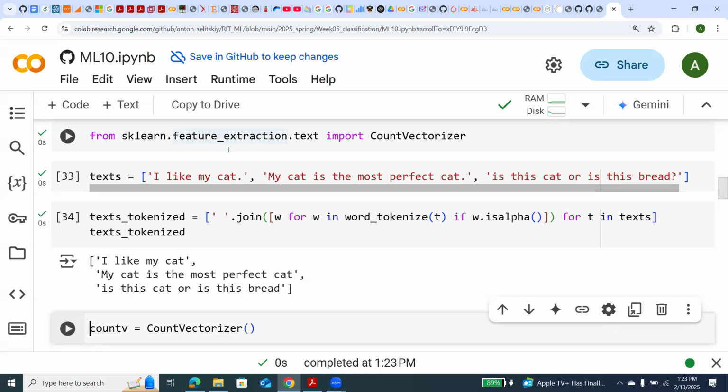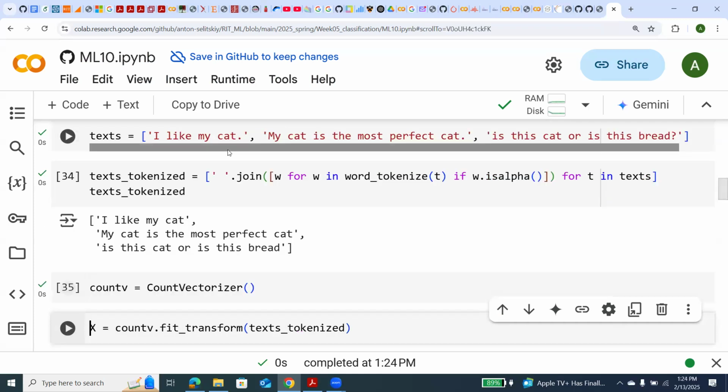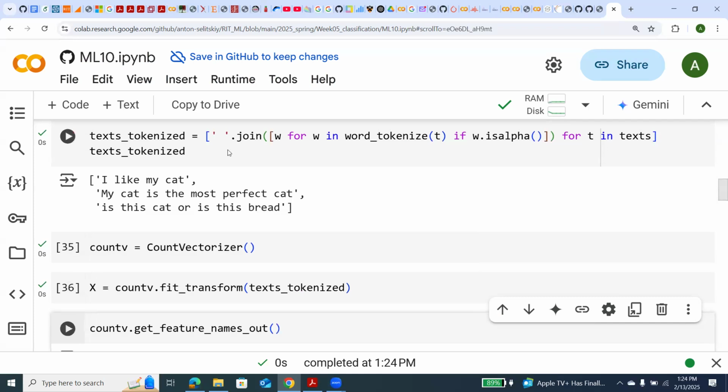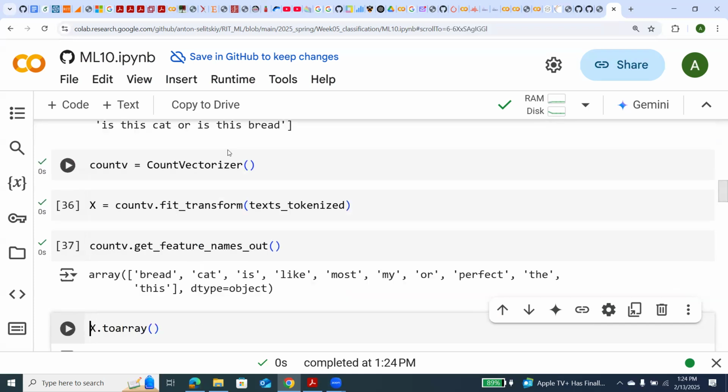My cat is the most perfect cat. And is this cat or bread? So when we apply our vectorizer on these three sentences, it will return all unique tokens.